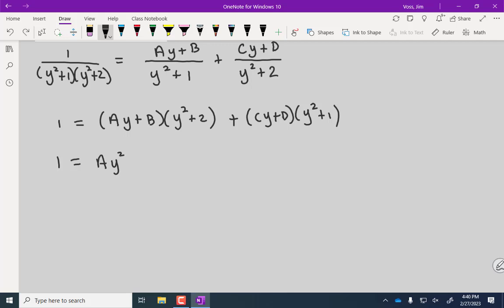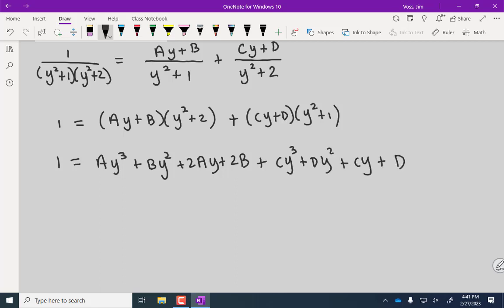So when we FOIL, it doesn't really matter what direction you do it in. I tend to do it with descending powers, but it doesn't matter. Whatever way works for you, just do it. So that's our foiling.